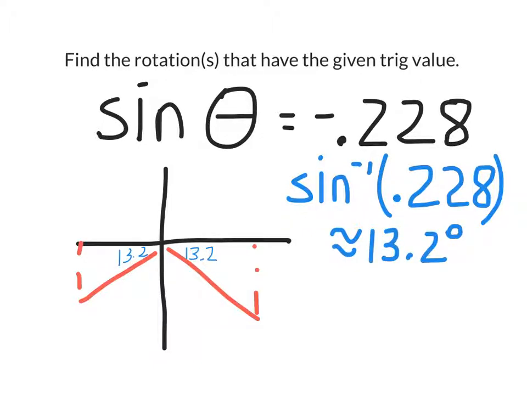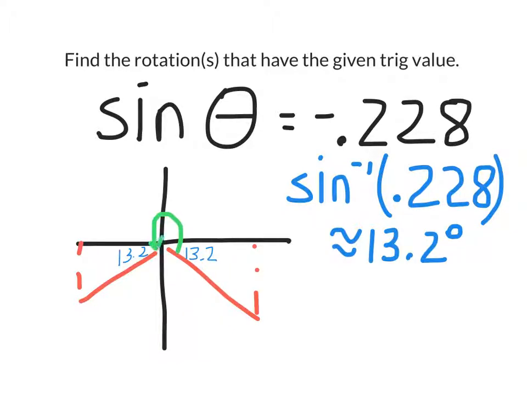Notice again that when I typed into my calculator with the inverse function, I ignored the negative sign because I just wanted to find the reference angle. Once we have the reference angle, now we just have to finish finding the rotations.